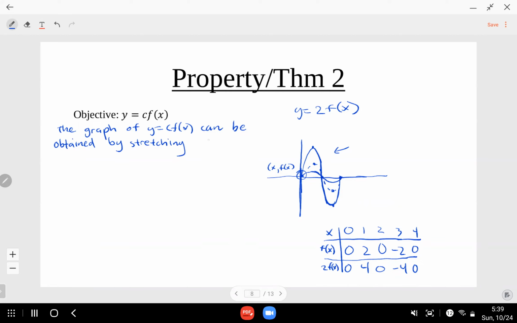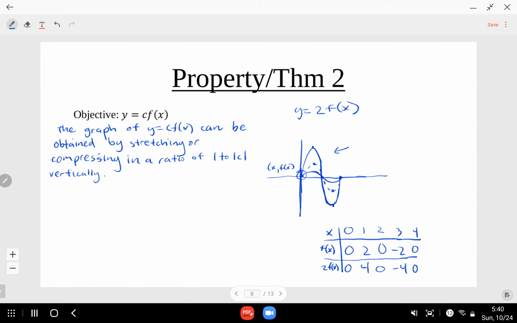So the graph of y equals cf of x can be obtained by stretching or compressing in a ratio of 1 to the absolute value of c, vertically.